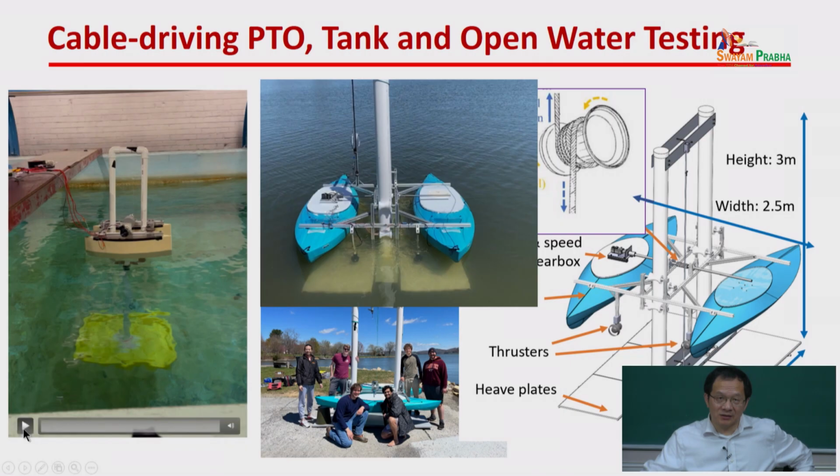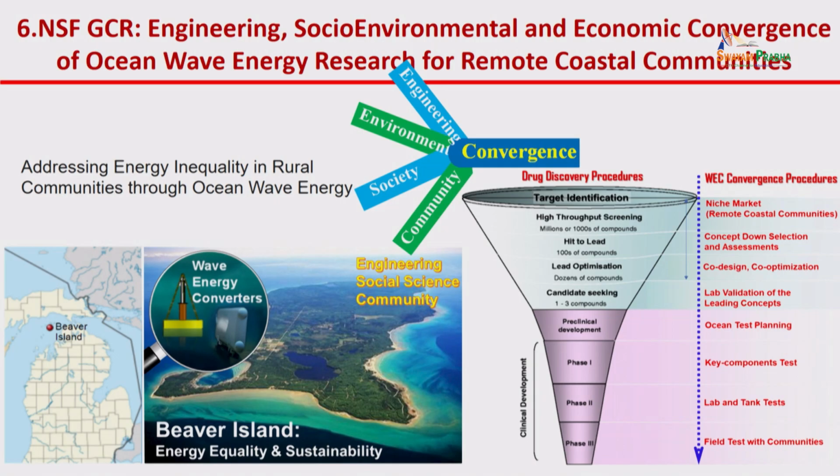We built the system and tested it in the tank at small scale, and tested in a lake. Another very important thing is how to drive the research convergence. I said this field is really multidisciplinary.